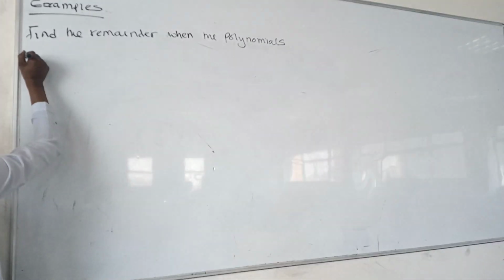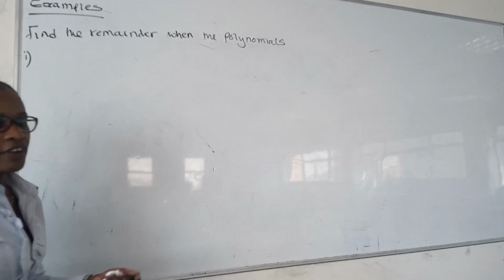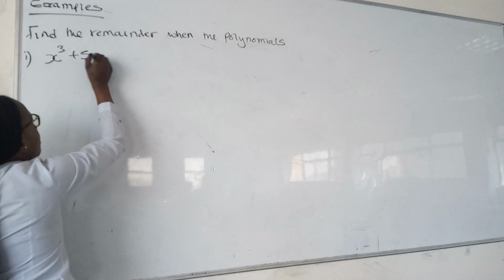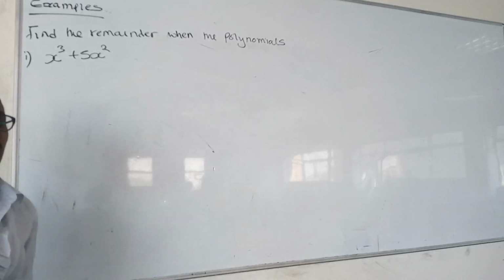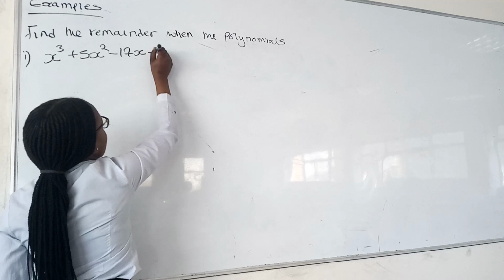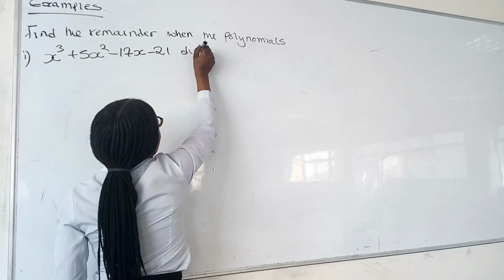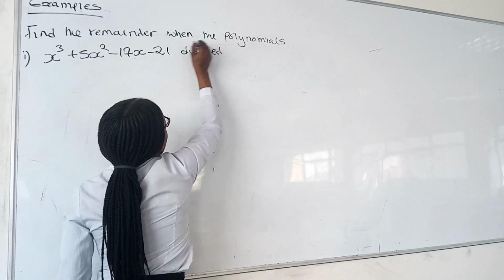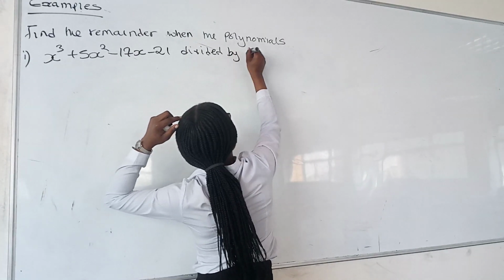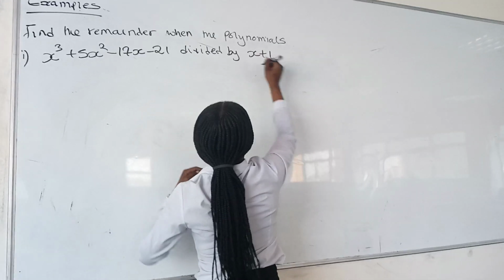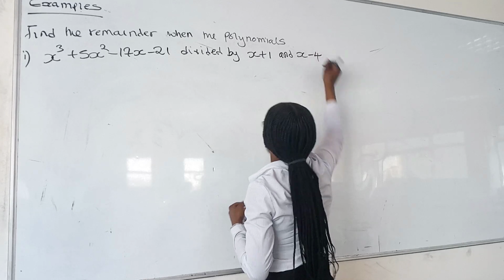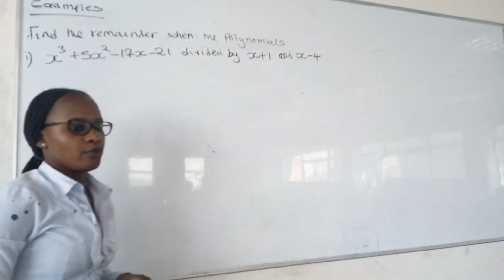so these polynomials that we're talking about, we now have the first one, which is x to the power 3 plus 5x to the power 2 minus 17x minus 21, divided by x plus 1 and x minus 4.